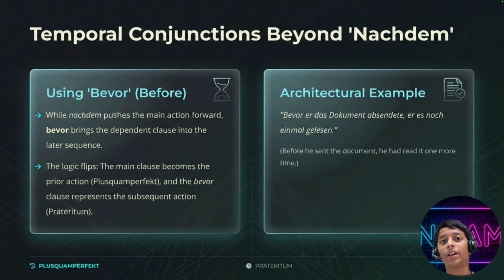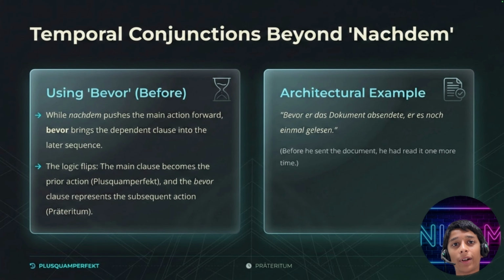Nachdem isn't the only trigger. Let's talk about bevor, meaning before, because it flips the logic in an interesting way. While nachdem pushes the main action forward in time, bevor brings the dependent clause into the later position instead. So with bevor, the main clause becomes the prior action, Plusquamperfekt, and the bevor clause becomes the subsequent action, Präteritum. Example: Bevor er das Dokument absendete, hatte er es noch einmal gelesen.